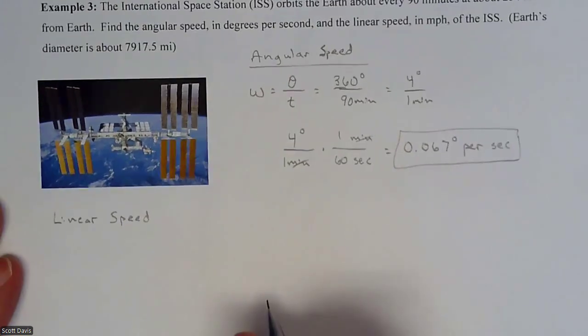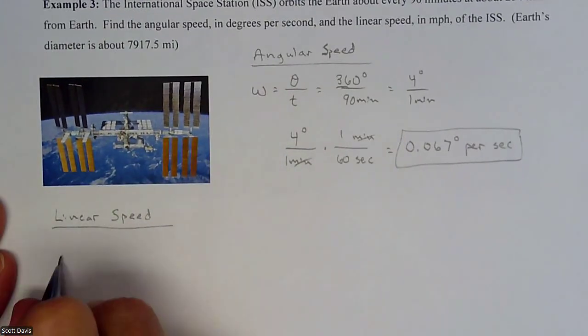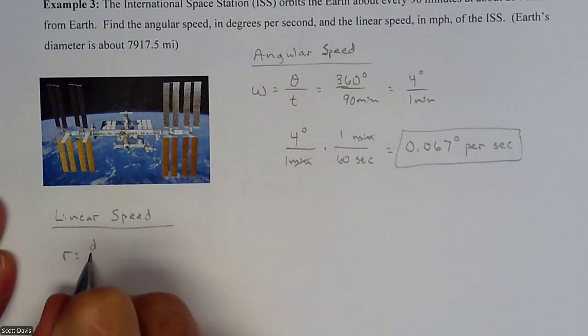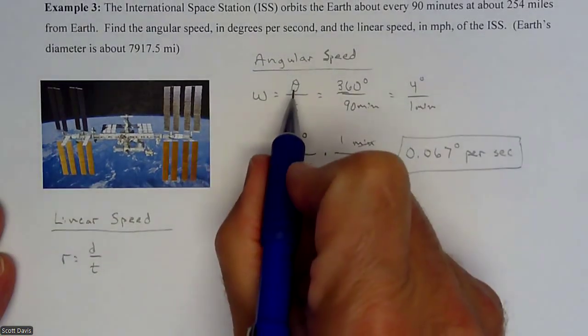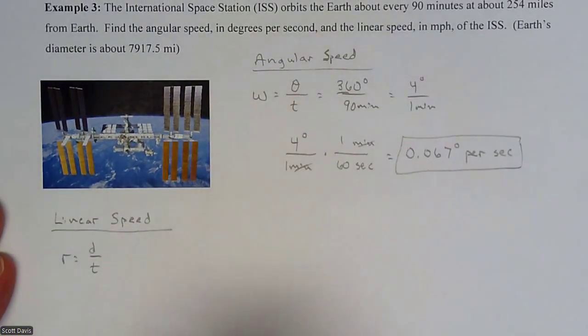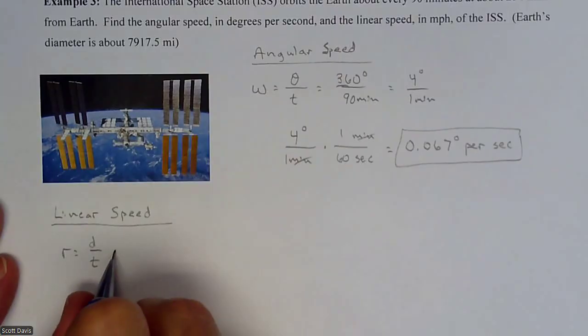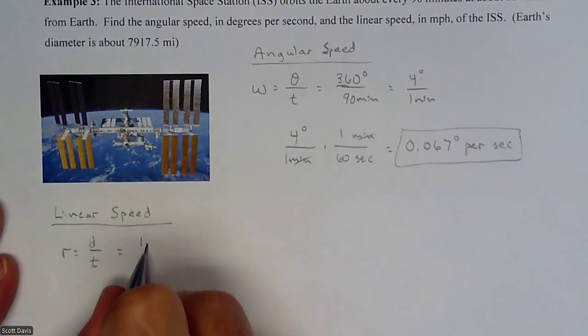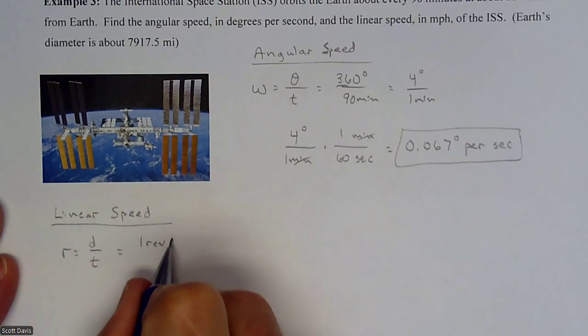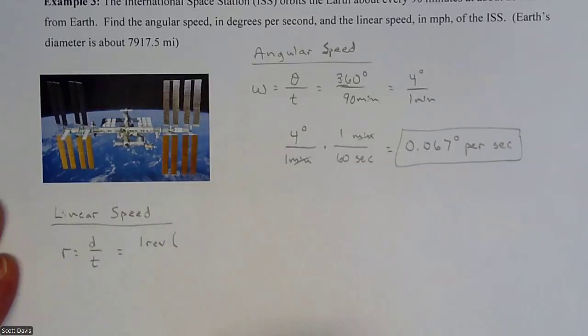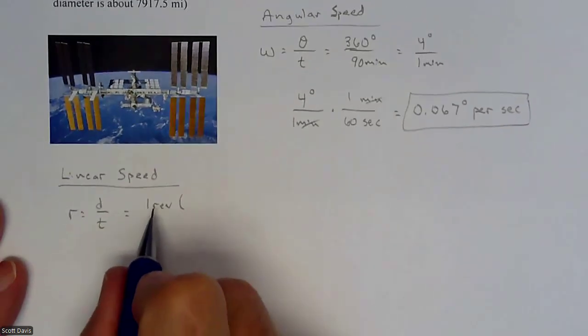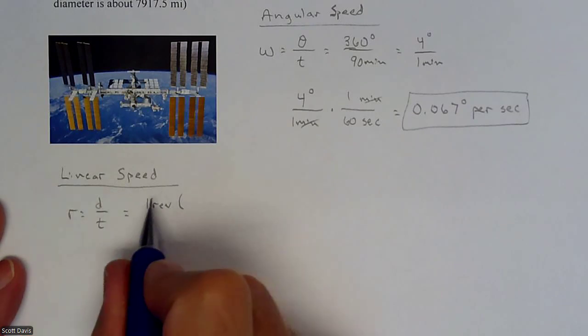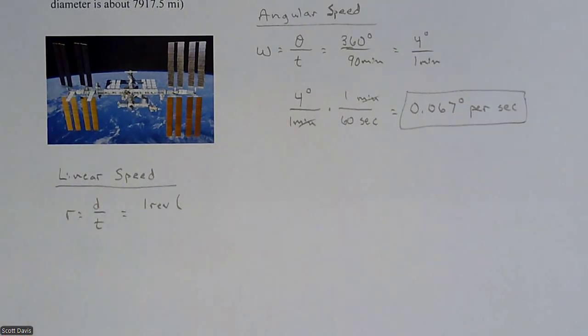we're going to take a very similar approach, but it's a rate and it is a distance divided by a time rather than a degree divided by time or a radian divided by time. So our distance is we have one revolution, and that revolution is going to be a distance. So I don't need the degrees or the radians of it.